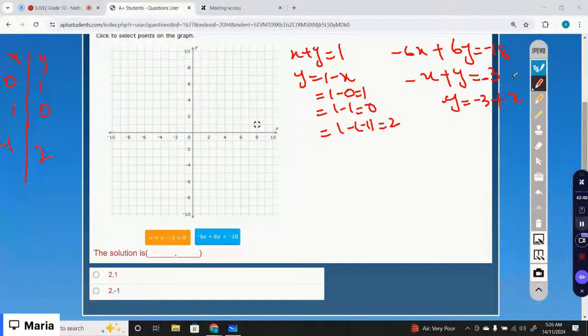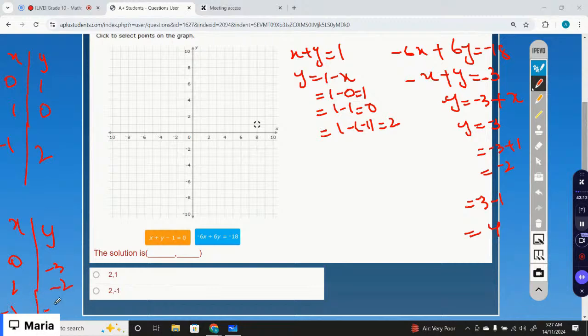Same thing I'm going to do with this one. Here is the other table. x is 0, y is negative 3. x is 1, negative 3 plus 1 is negative 2. x is 1, y is negative 2. x is negative 1, y is negative 4.